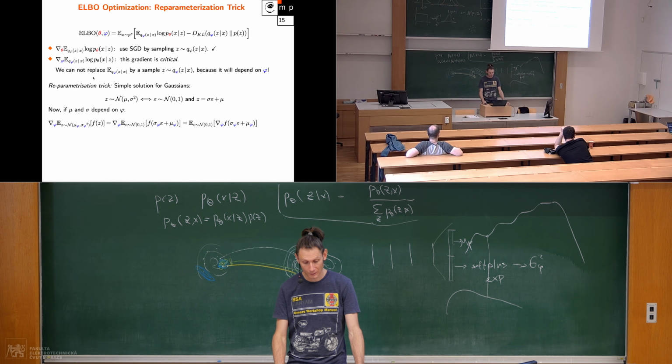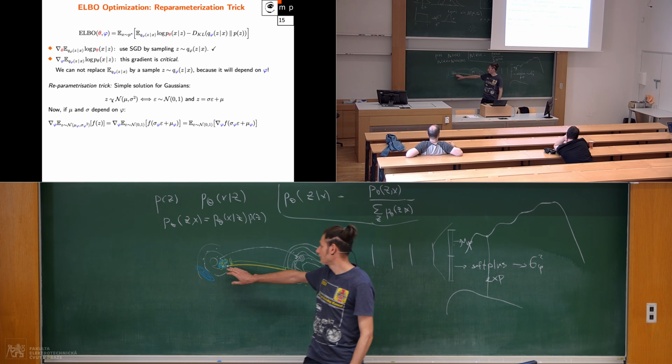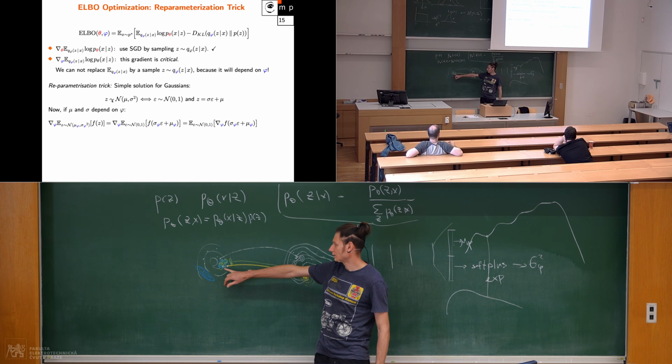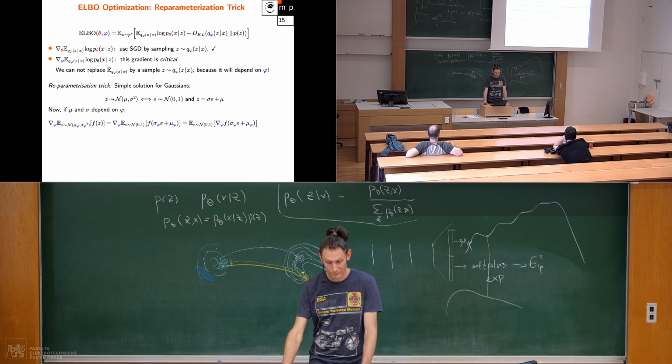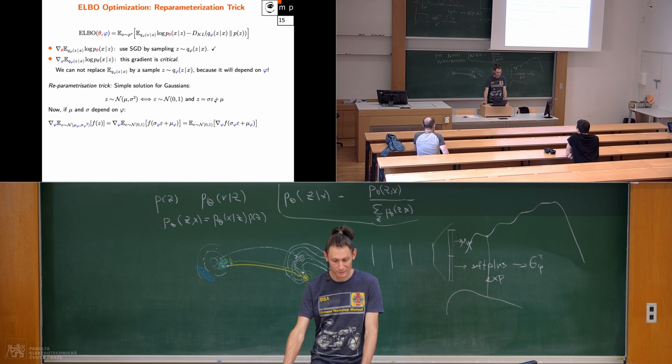Now, the normal distribution from our encoder, this blue distribution here, we could represent sampling from it as sampling from a standard normal distribution, but shifted and scaled with the parameters of the encoder.